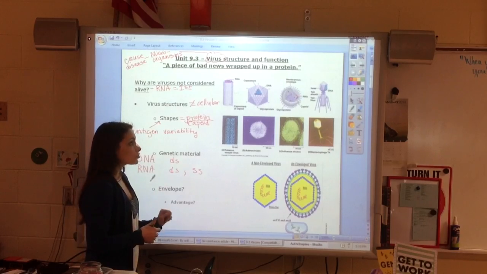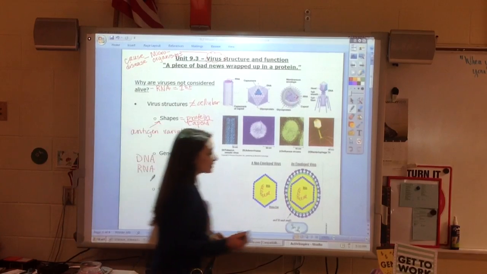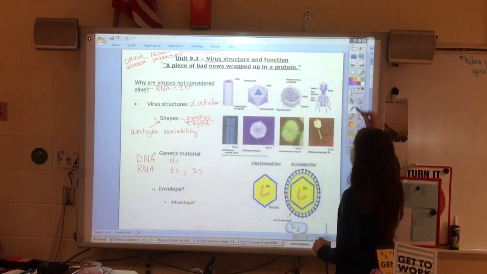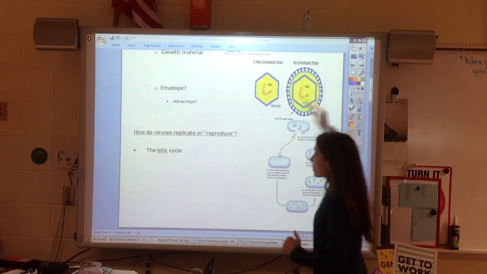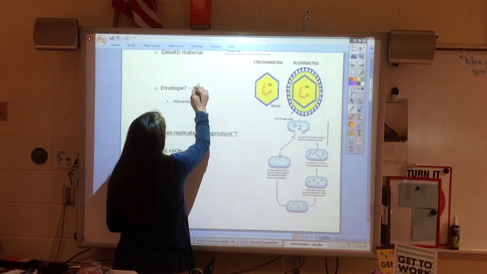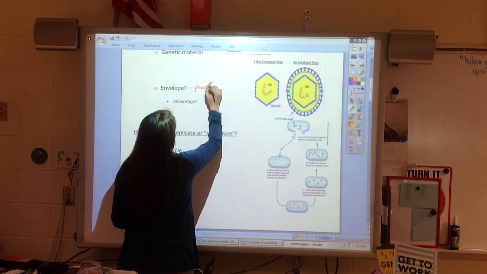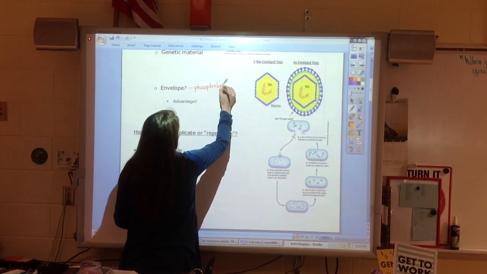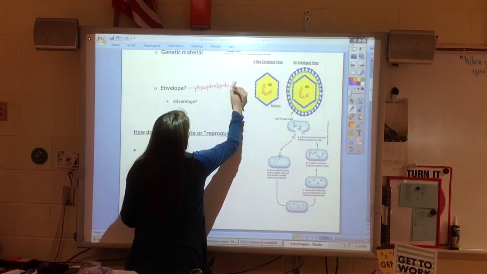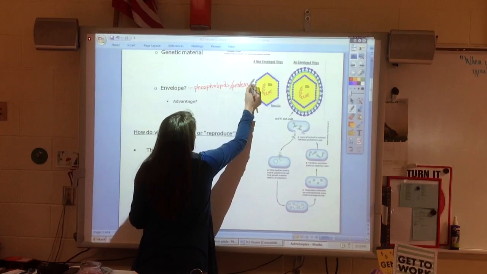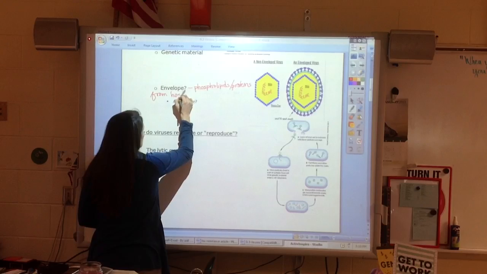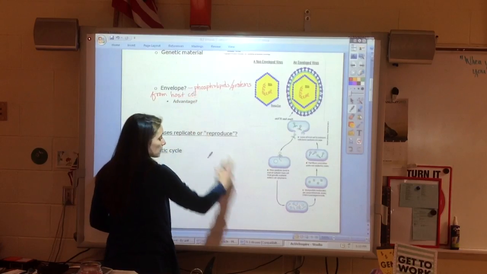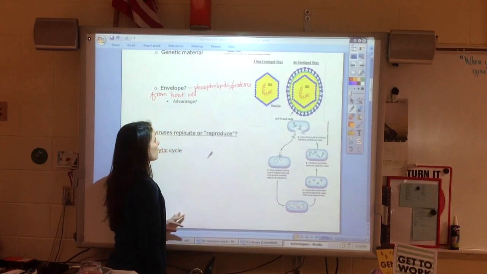One additional structure that some will have is called an envelope. An envelope is going to be phospholipids and proteins, but this is from the host cell, and we'll see what that means later when we look at our picture of HIV.